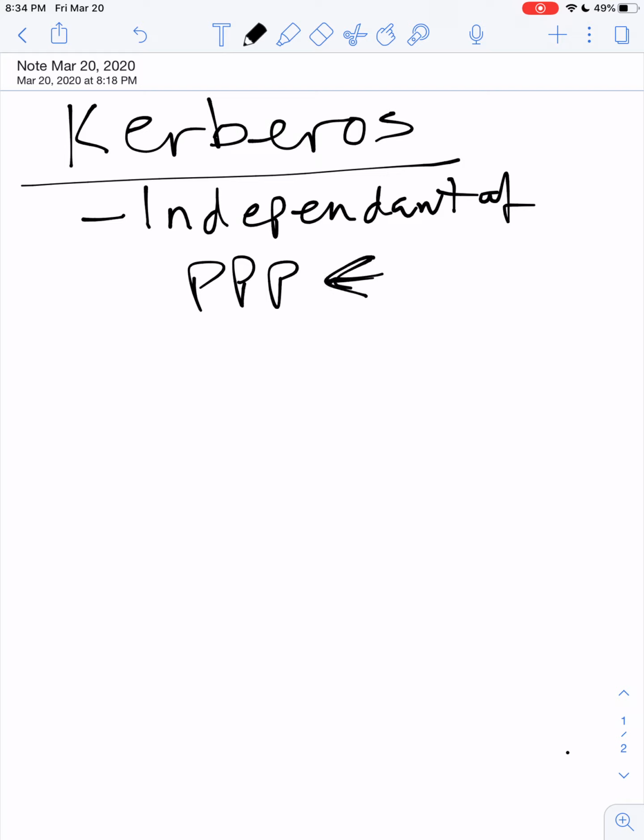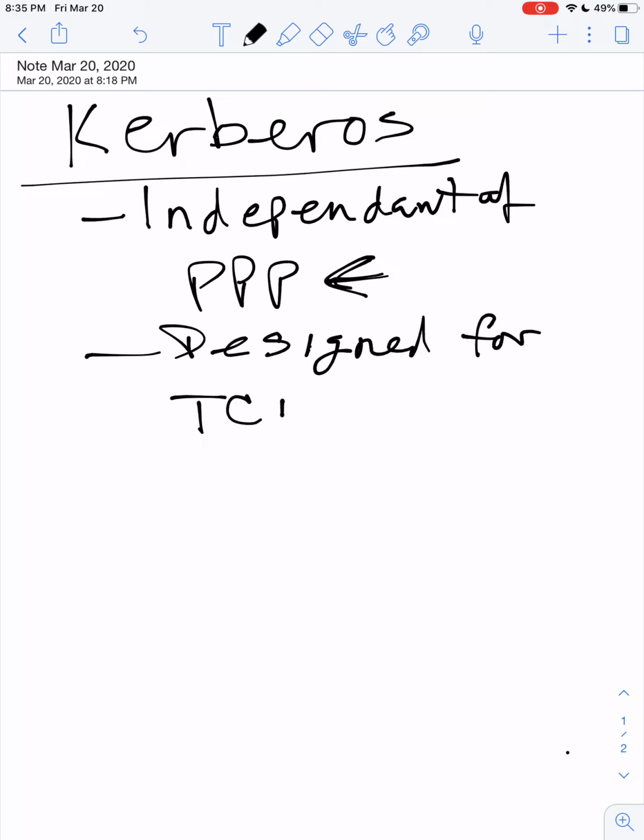It was developed with dial-up in mind. Kerberos was developed and designed for TCP/IP networks. It's been adopted by Microsoft and used quite extensively within their platform.